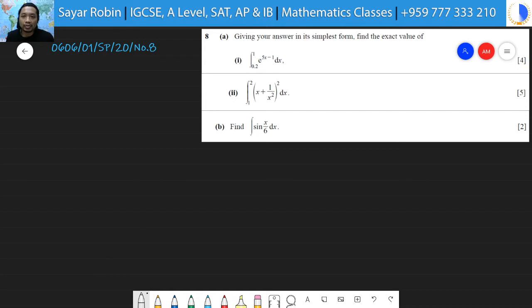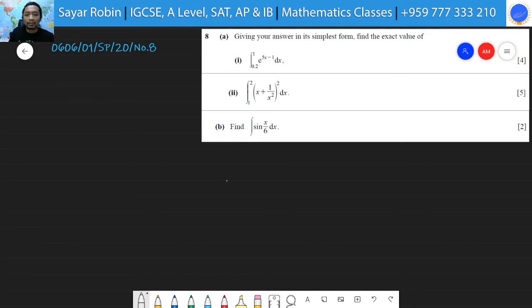What kind of functions are we going to integrate? Number 8a part 1 is an exponential function, which is the easiest one in the techniques of integration as well as differentiation.